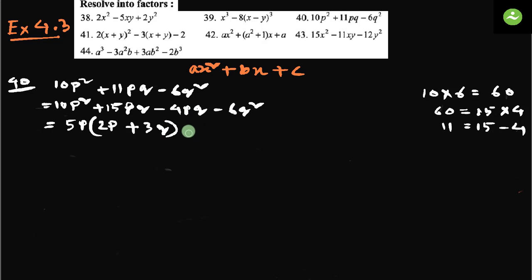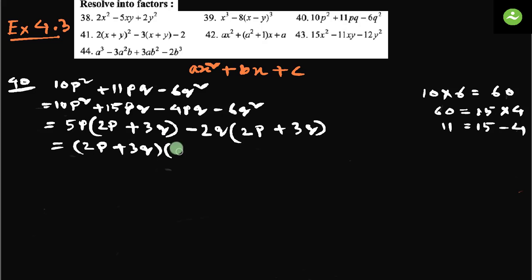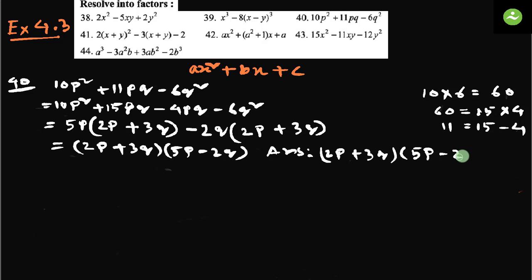Let's take minus sign common here, and 2q we can take common, and it should be 2p plus 3q. So what factors we get? One is 2p plus 3q and the other one 5p minus 2q. That is the answer. 2p plus 3q into 5p minus 2q.